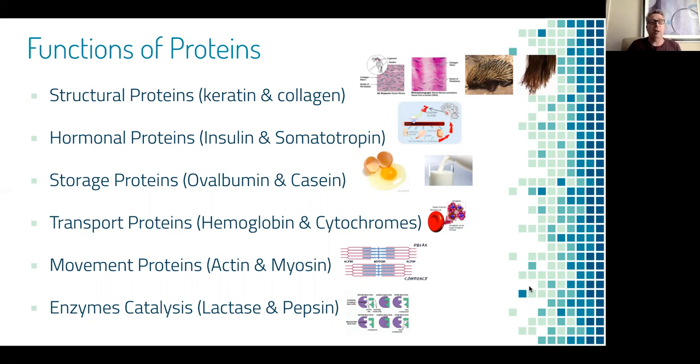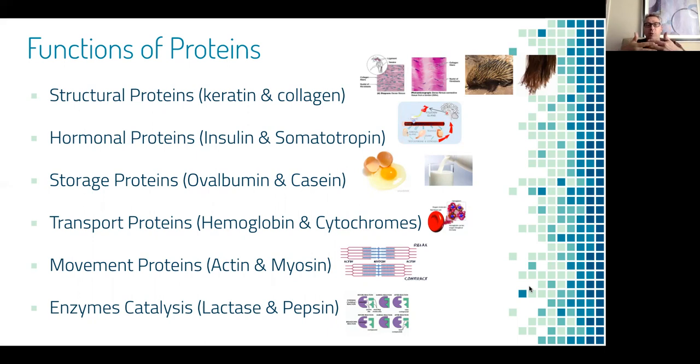Transport proteins are another type of carrier protein. Instead of a chemical messenger, these are proteins that things can bind to. For instance, hemoglobin is the protein you find in red blood cells that carries oxygen from your lungs to your tissue. Movement proteins would be associated with your muscles.